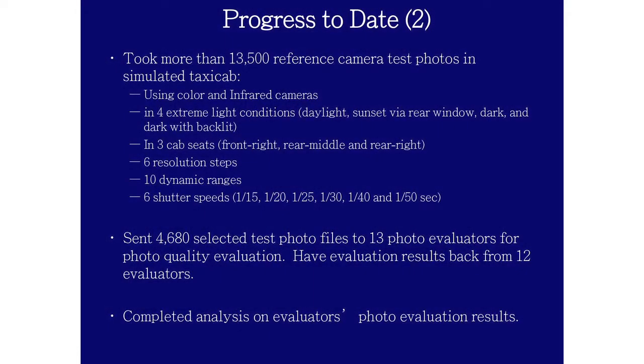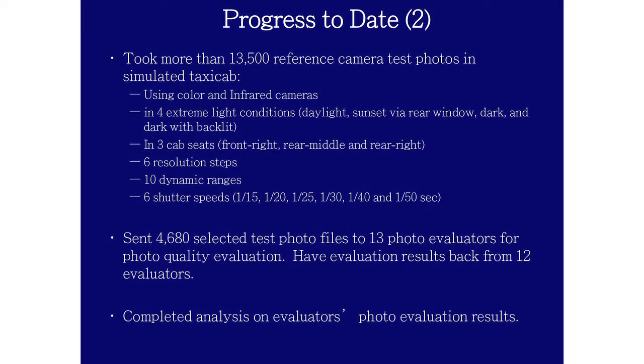We take pictures in 3 cab seats: front right, rear middle, and rear right. The other 2 seats are symmetrical, so we don't take pictures there. With the 6 resolution steps we just saw before, and the 10 dynamic range steps, 5 overexposed and 5 underexposed, and 6 shutter speeds.